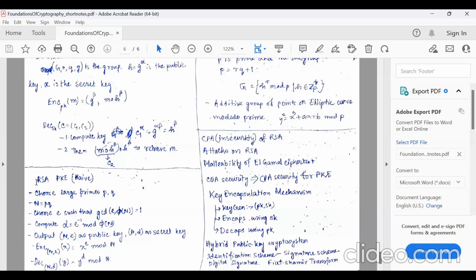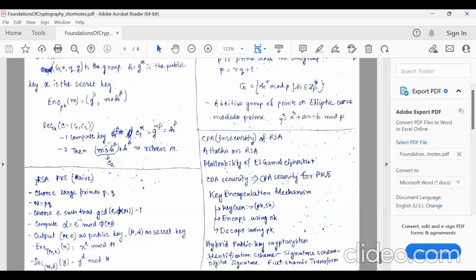We also discussed the concept of key encapsulation mechanism. So a key encapsulation mechanism, or KEM, consists of three algorithms: keygen, encapsulation, and decapsulation. Keygen again outputs two keys, one public key and one secret key.